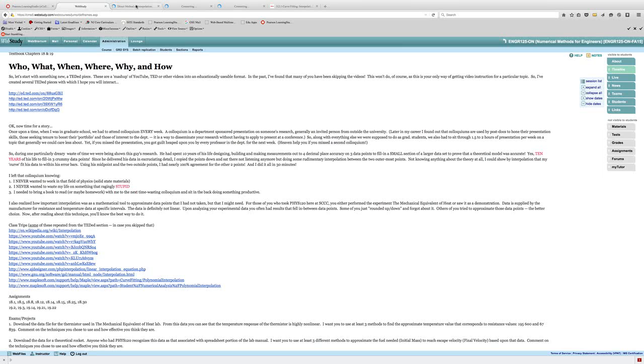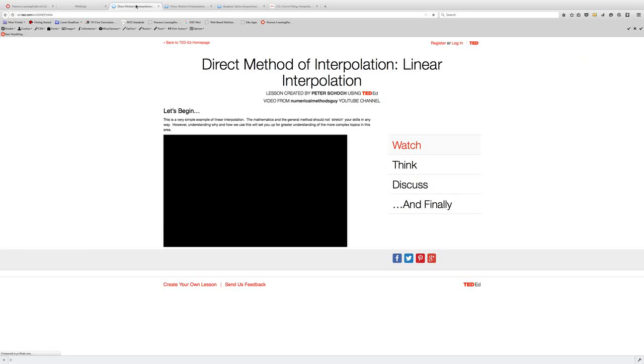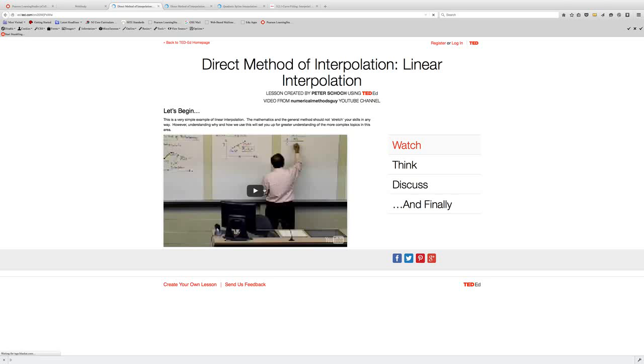The second one, direct method of interpolation, linear interpolation. This is basically, you've got a bunch of data, and you take that data and you want to fit a straight line to it. And then within that line, you want to predict data points or values that are between any of the data, right?